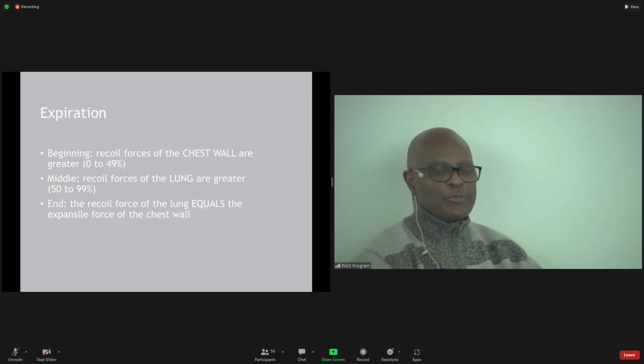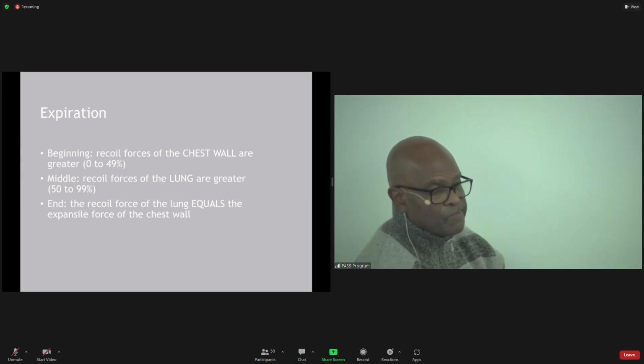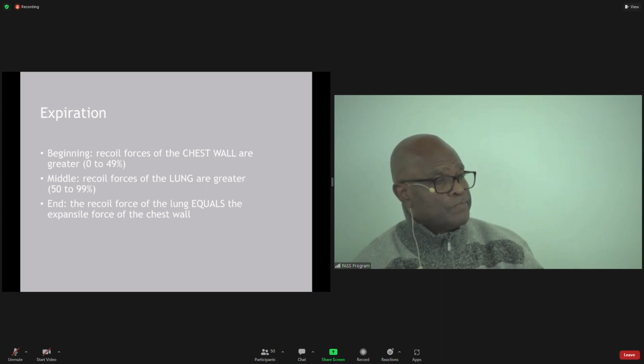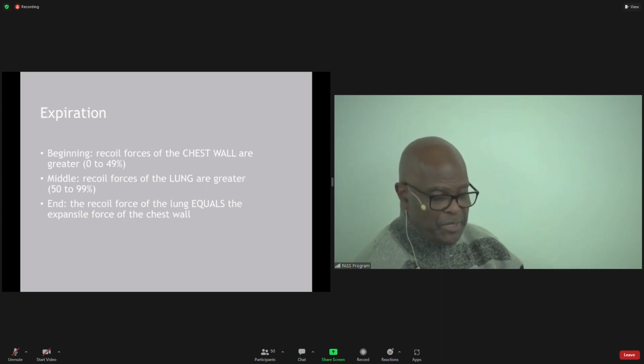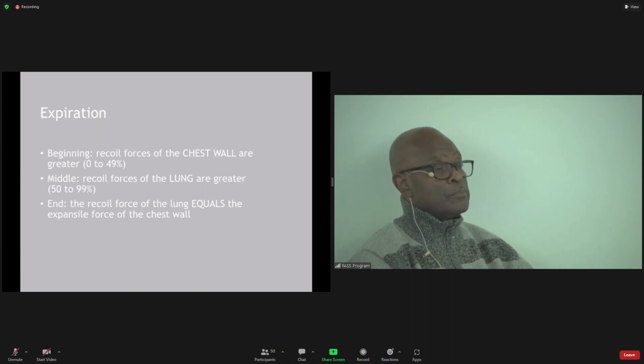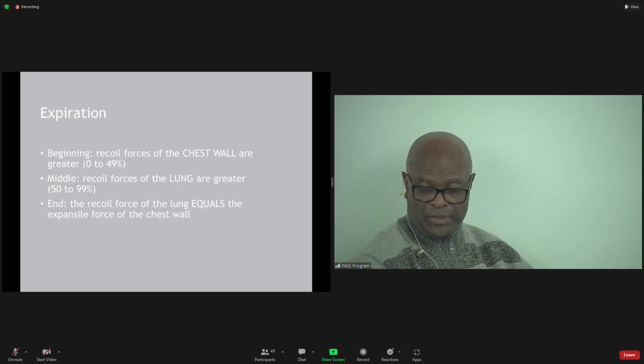At 72% of inhalation, which force is greater? Count them. Lung or chest wall first? Lung, expansile or recoil? No guessing. There are the 4 quadrants.